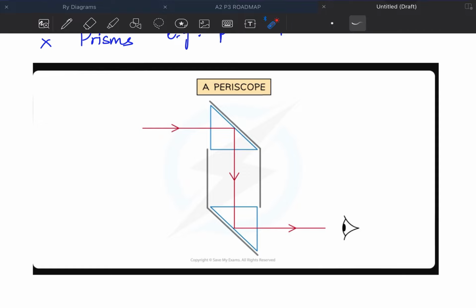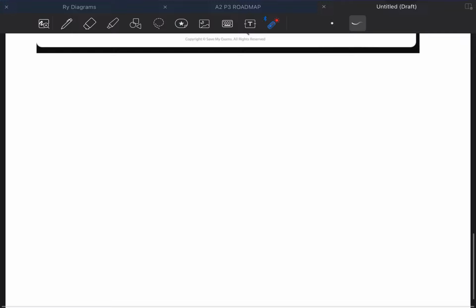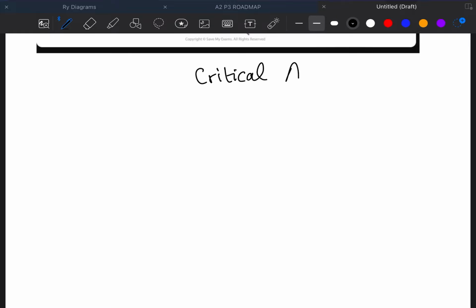Okay, now after this we move to the next topic, which is critical angle. What is the critical angle? As the angle of incidence is increased, the angle of refraction also increases as it gets closer to 90 degrees.